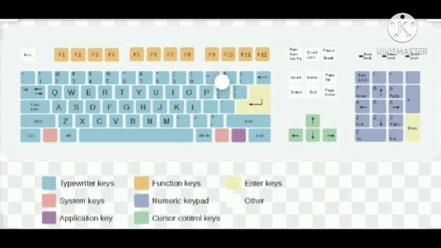Backspace key. Backspace key is found above the enter key. It erases the characters to the left of the cursor and thus helps you to correct mistakes that you made while typing. For example, you have typed the wrong spelling of the word computer, as computter.